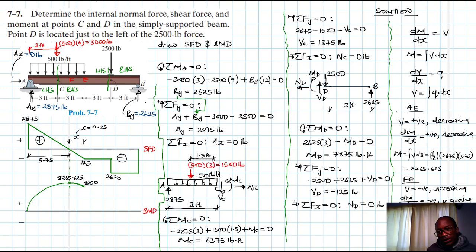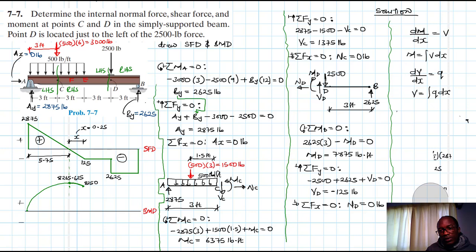Then from this point to the next point, let me clean my slate. Let's find what that value is. It's going to be linear. So from E to D, what do we have? From E to D, our shear is negative and constant, and our slope dM/dx is also negative and constant.